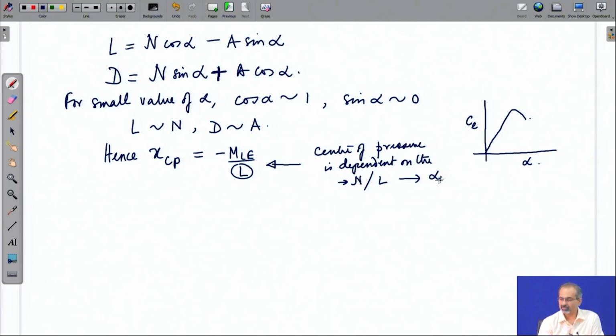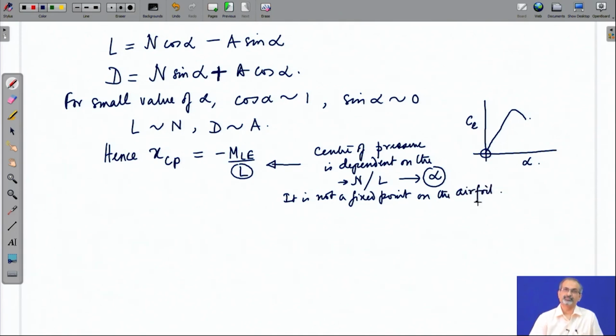So, they are strongly correlated with alpha, and as alpha changes their values change, and as you get closer to smaller values of N or L, then x Cp becomes exceedingly large, and in the limit it goes to infinity. Therefore, it is not a fixed point on the airfoil, it moves around as a function of angle of attack.